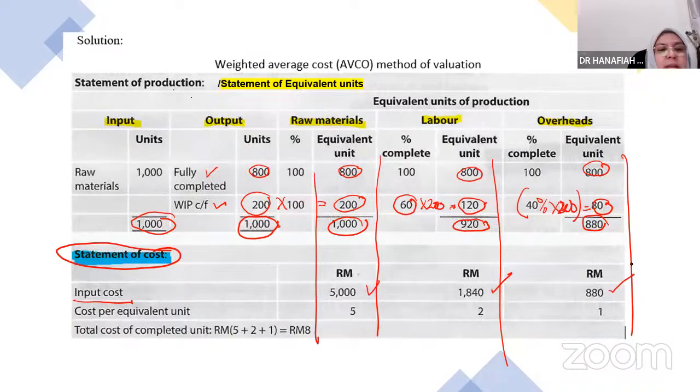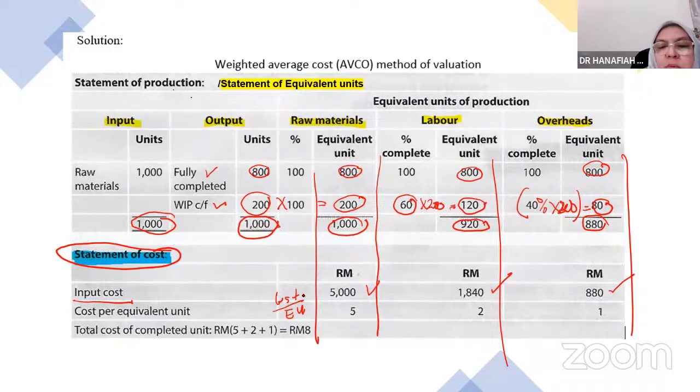Okay. To get the cost per equivalent unit, what you need to do is divide the cost into the equivalent unit.